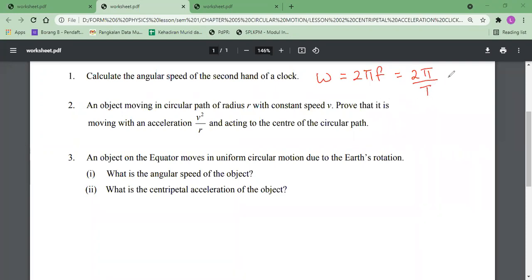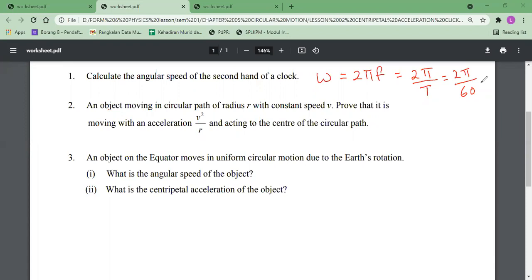So from here, it will be equal to 2 pi over, okay, one revolution, how much? One revolution equals 60 seconds. So 2 pi in 60 seconds.